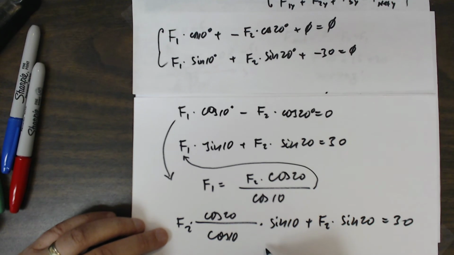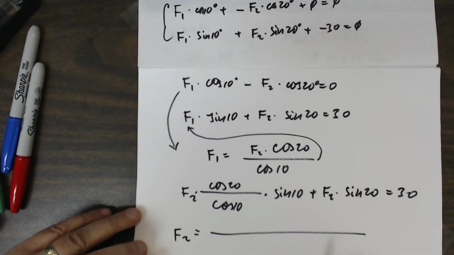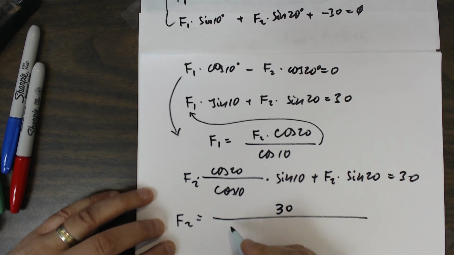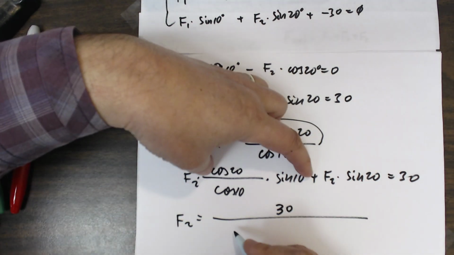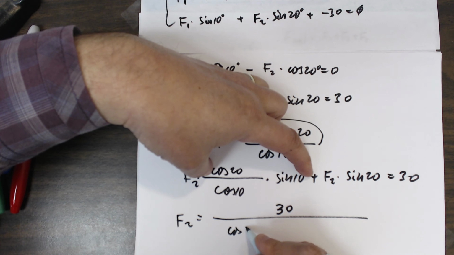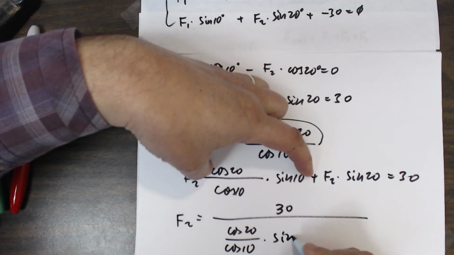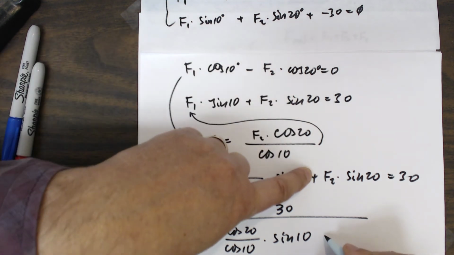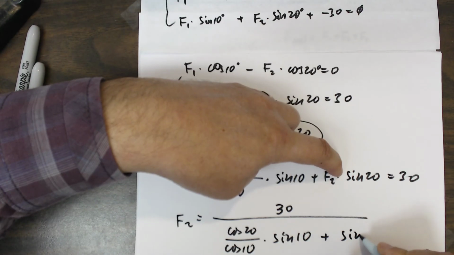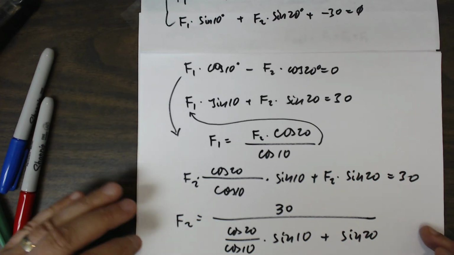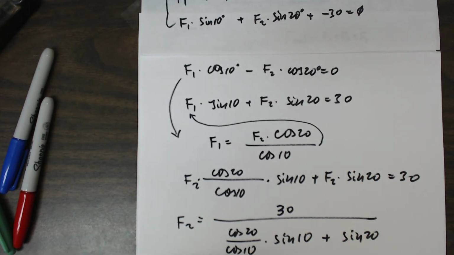That will be equal to 30 divided by cosine of 20 divided by cosine of 10 times sine of 10 plus sine of 20. Now it's a matter of taking a calculator and finishing this calculation.